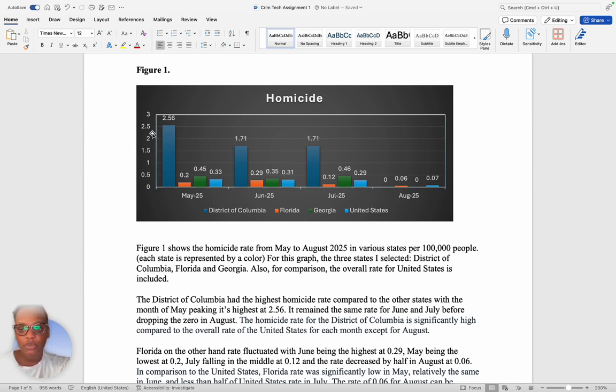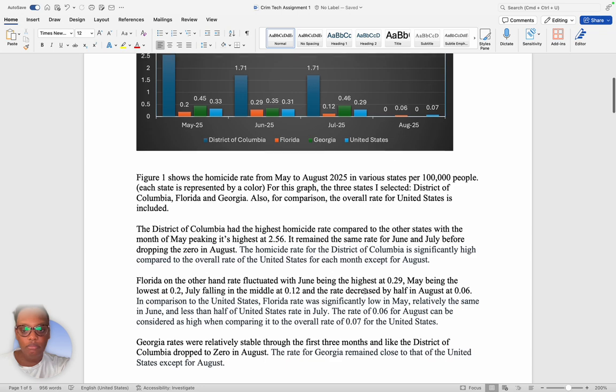If you can see, 2.56, 0.33, 1.7. In 1.7, you have 0.31 and 0.29, with the exception of August, where you have 0.07 and 0 for that month.